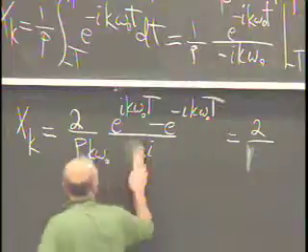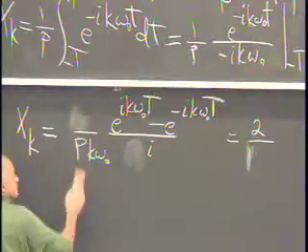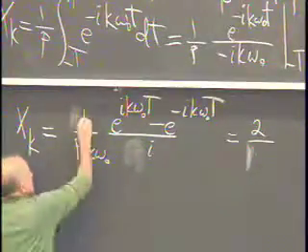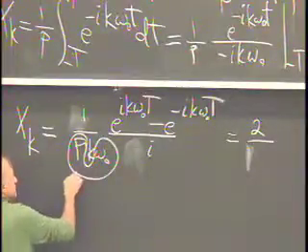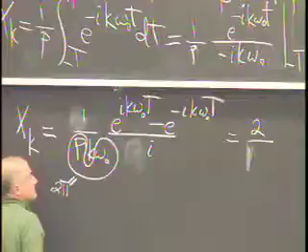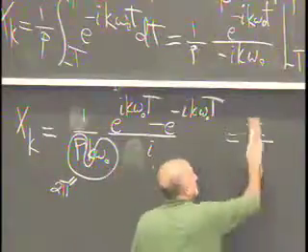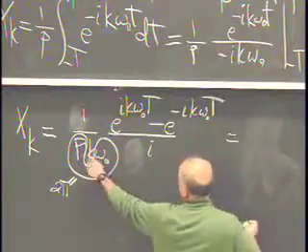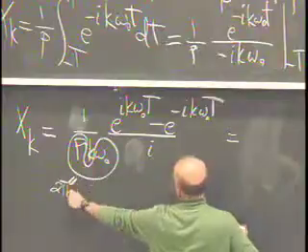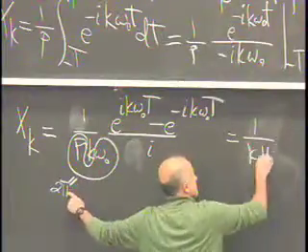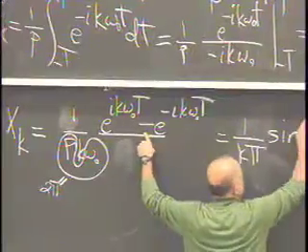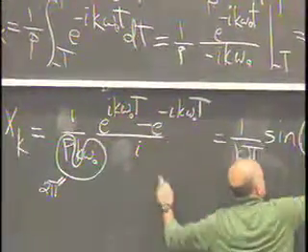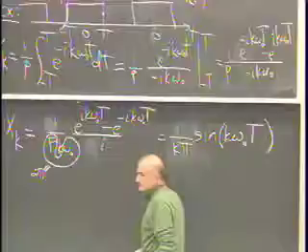So let's keep that as 1, and recognize that this equals 2 pi. So I have a 1 over k pi times sine of what? K omega naught t. Okay?